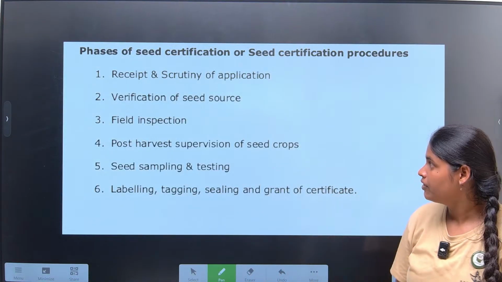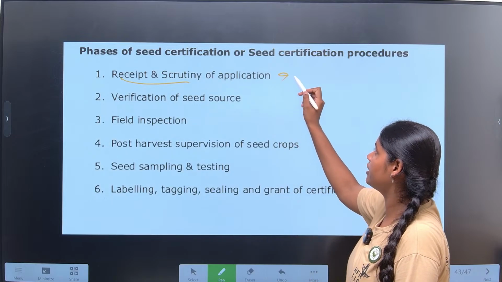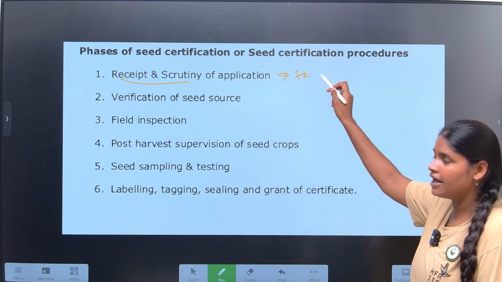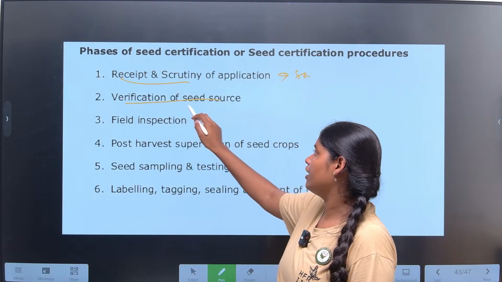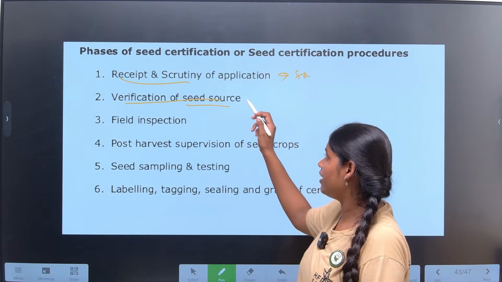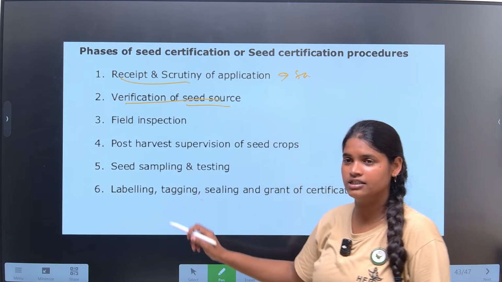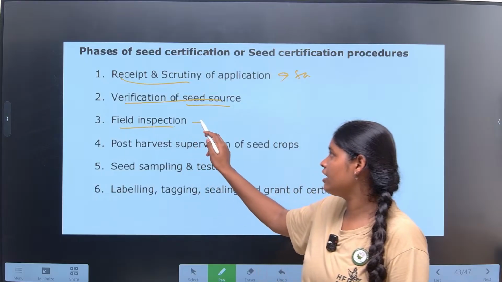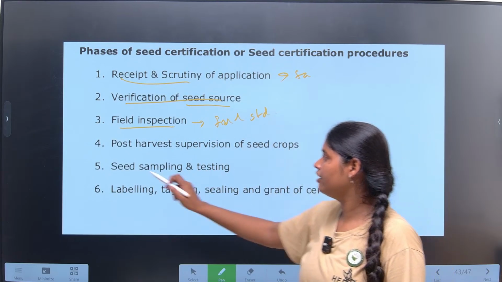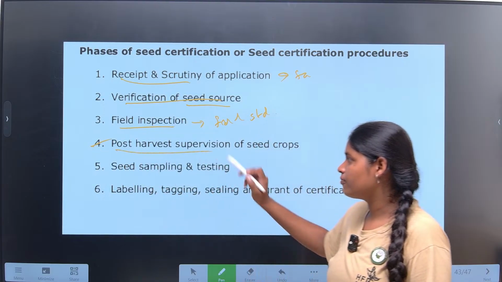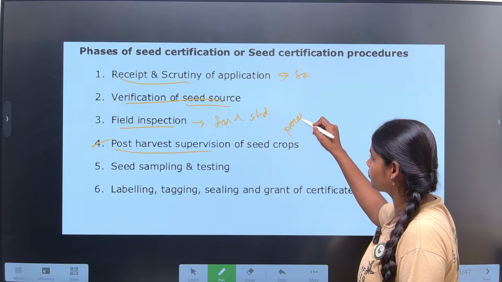Let's see this. Receipt and scrutiny of application, where we are checking the application, the farmer's name, area, whether it is suitable or not, and the verification of seed source, what class of seed, from where he purchased, any tags or labels associated with those seeds. Also field inspection, where we are checking for field standards, and inspection at post harvest, that is after harvesting and during processing.